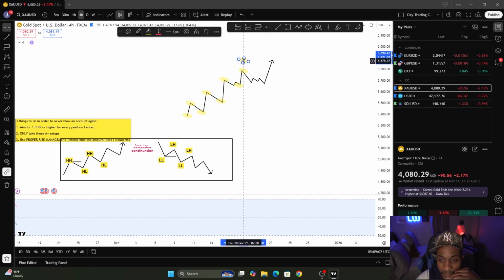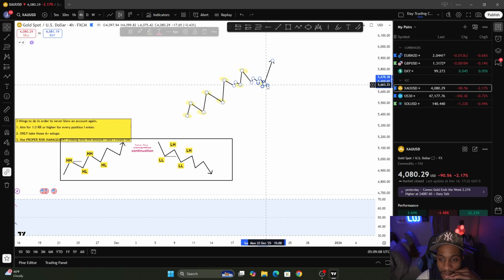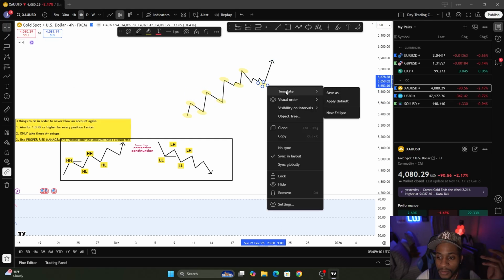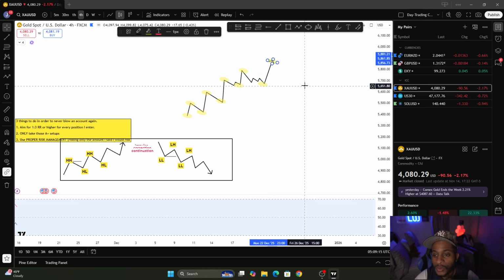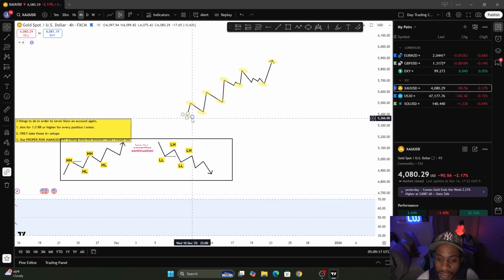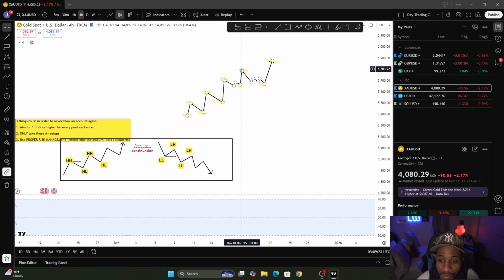So to answer the question of how I would know when the uptrend is finished, that's very simple. Price has been making swing highs, swing lows, swing highs, swing lows, swing highs, swing low, swing highs, swing low, and then it made another swing low.